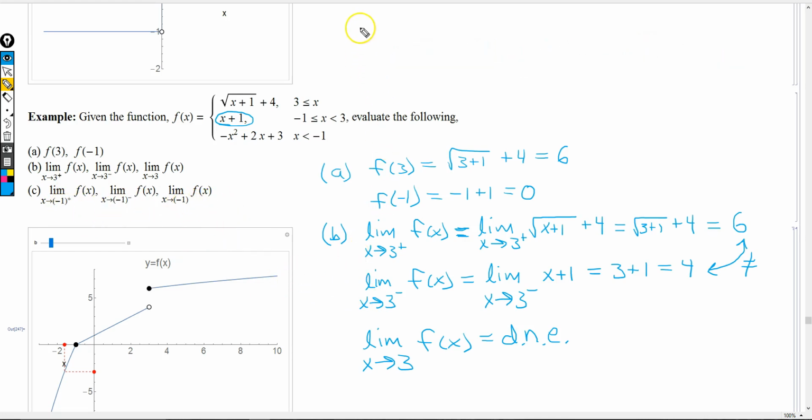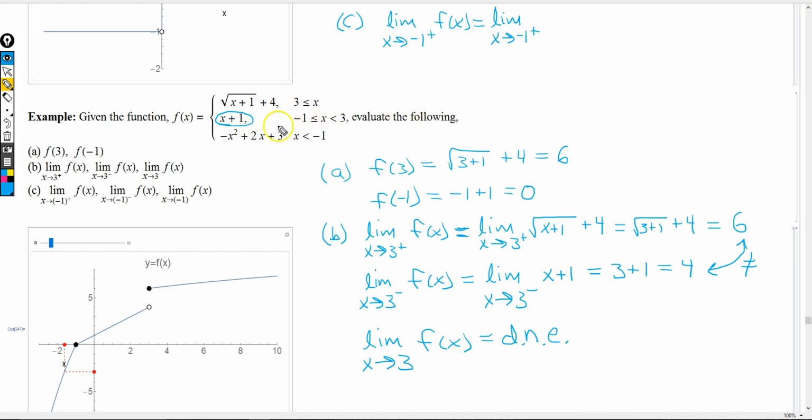So let's do that up here. Part C, limit as x approaches -1 from the right. If x is approaching -1 from the right side, that means x is a little larger than -1.